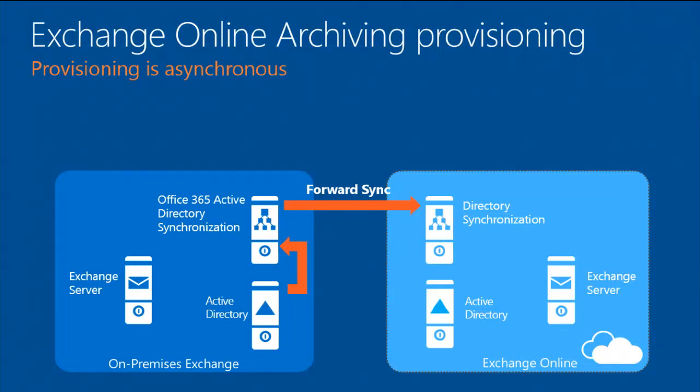If you don't do it that way, you have to kick it off manually if you really want to see your archive quickly. Now, it synchronizes the directory. It writes into Exchange, goes ahead and creates the archive in the cloud, writes that information to Active Directory in the cloud, which again pushes the creation information, which is the GUID of the archive and other information, and sends it back to your on-premises.